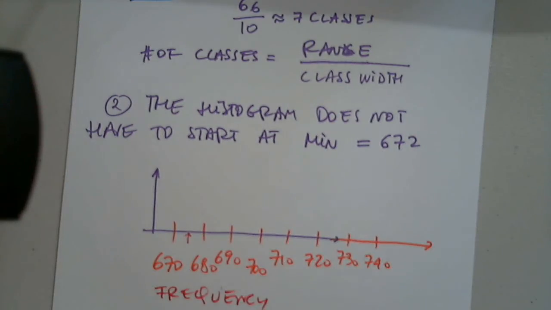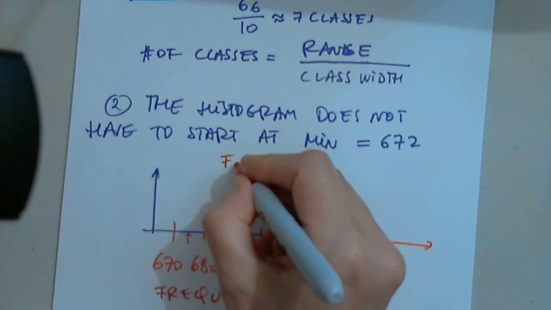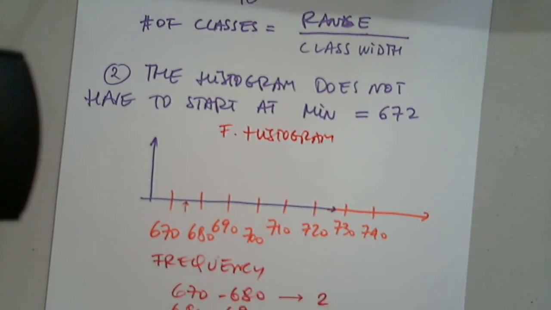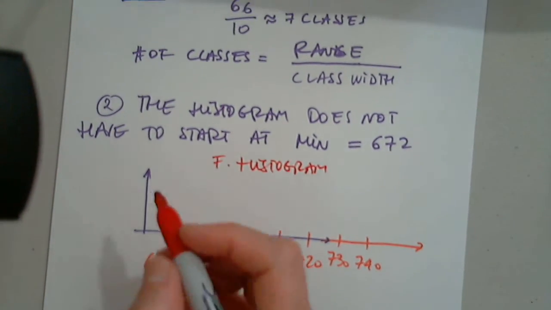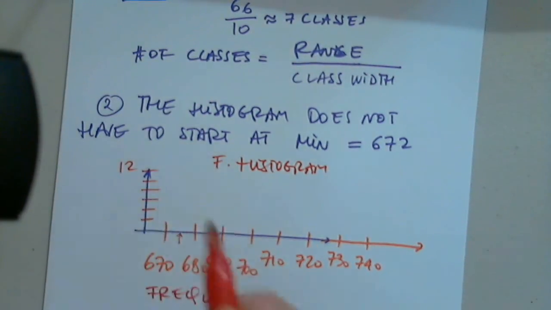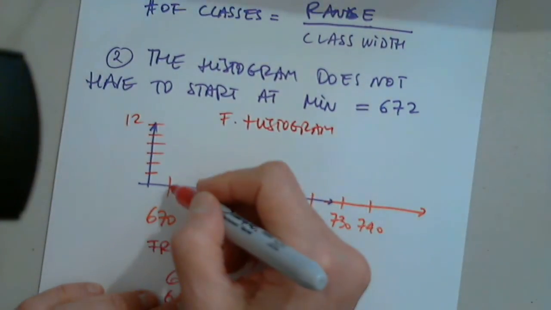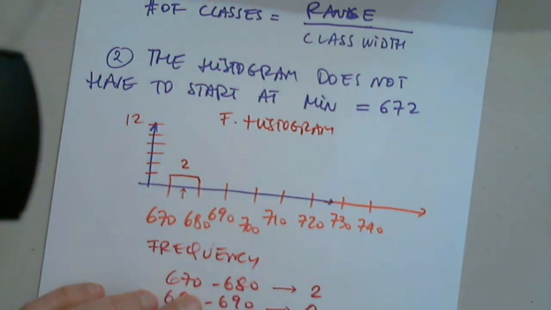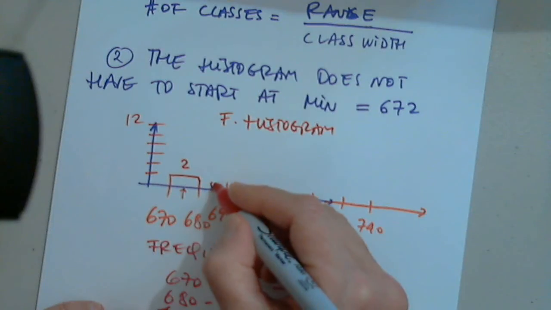So if this is a frequency histogram, I know that the highest is 11. So I'm going to say 2, 4, 6, 8, 10, 12. So this is 2. The next one is 0.